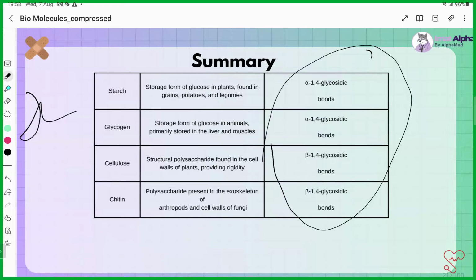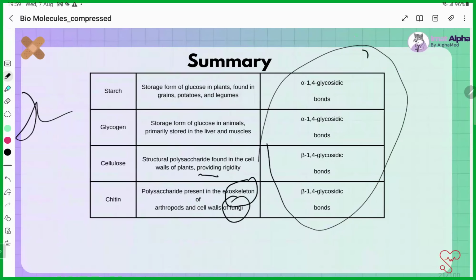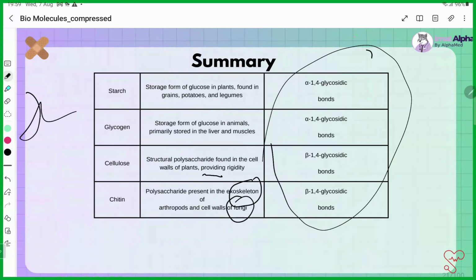Cellulose, a polysaccharide found in the cell walls of plants, provides rigidity to the plant. Chitin is the polysaccharide present in the exoskeleton of fungi. So alpha-1,4 is for starch and glycogen. Beta is for cellulose and chitin.